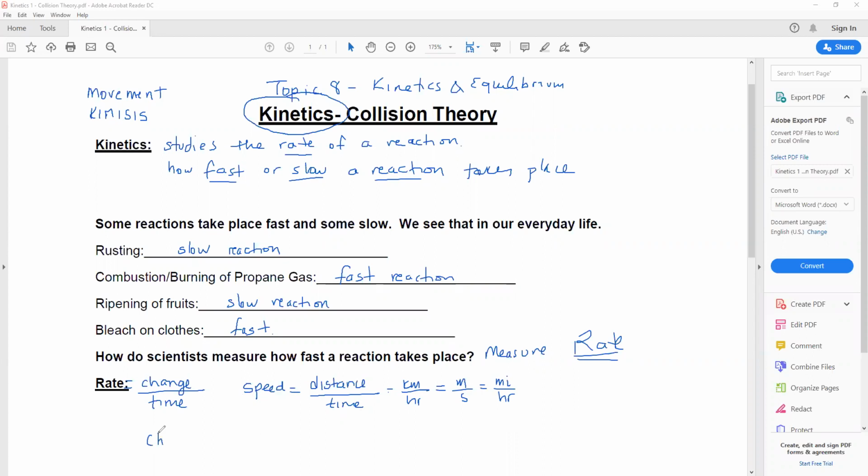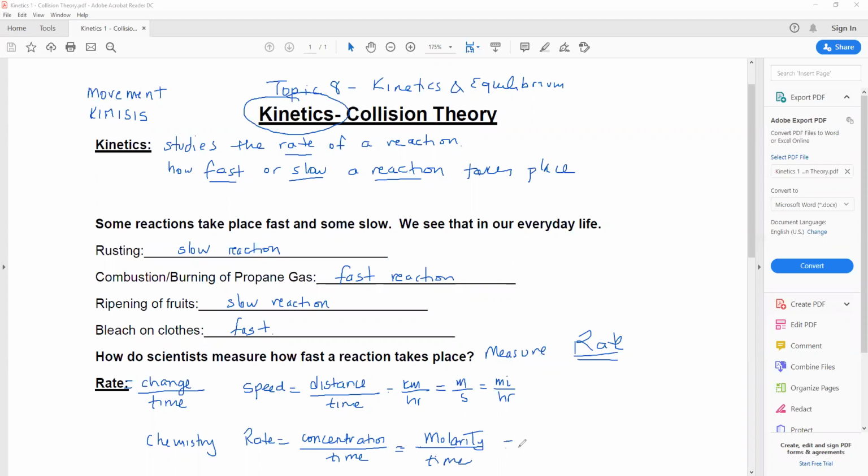In chemistry, we measure the rate as the change of concentration over time. And we remember from our previous chapter that concentration is measured in molarity, for example, over time.